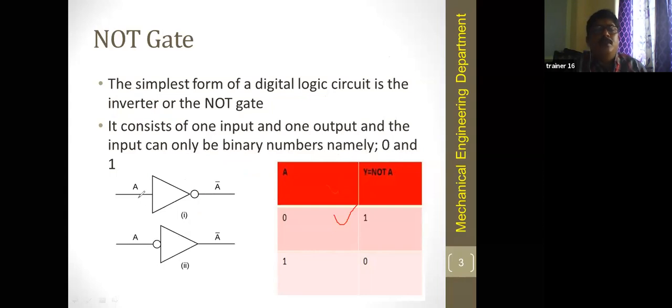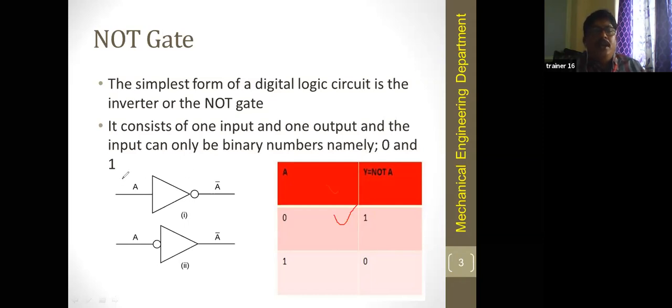If you observe clearly, as we already discussed, for a gate there are one or more binary inputs, and the output of the gate is a single binary output, that is 0 and 1.